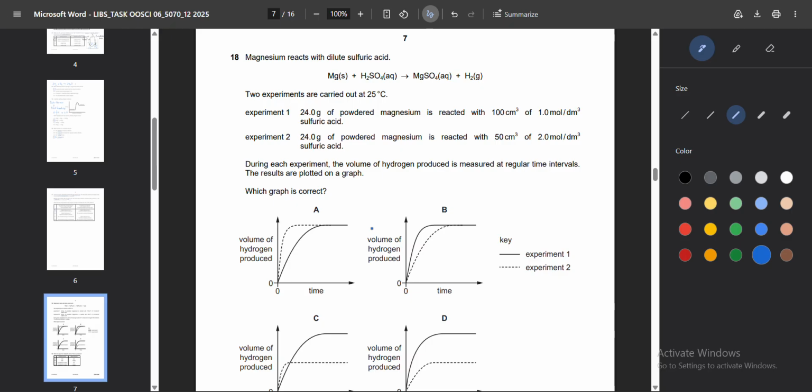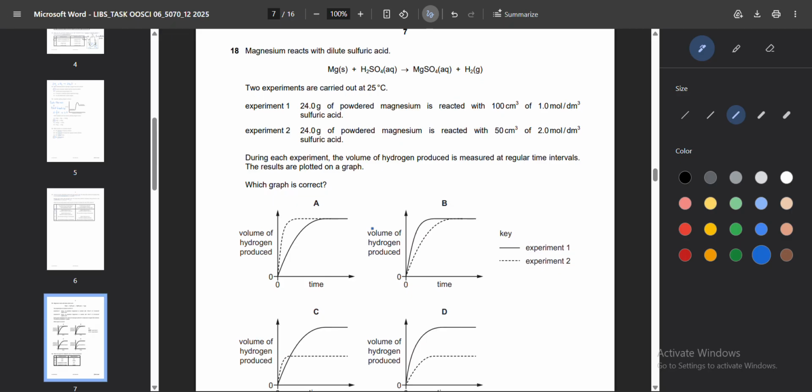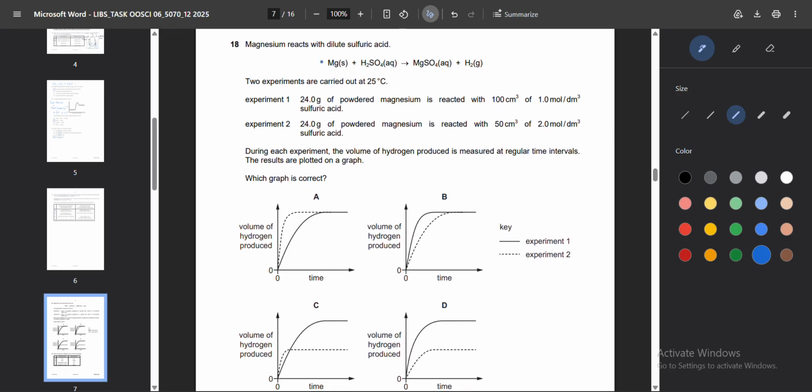Okay, now question number 18. Question number 18 is that magnesium reacts with dilute sulfuric acid. The equation is given, and two experiments are carried out at 25 degrees Celsius. In experiment number 1, we have 24 gram of powdered magnesium. It is reacted with this much volume of this much concentration sulfuric acid.